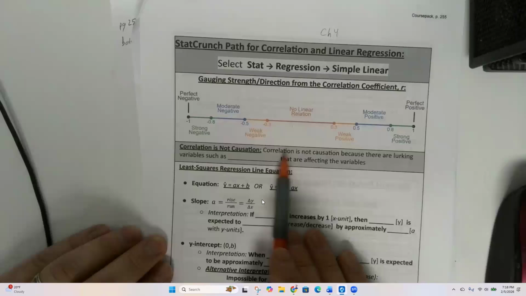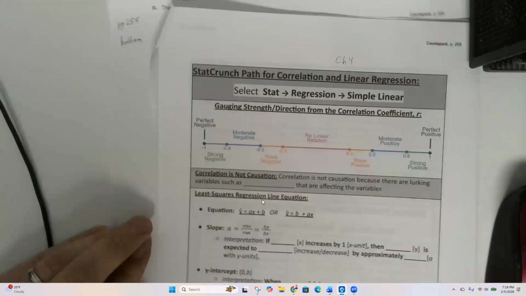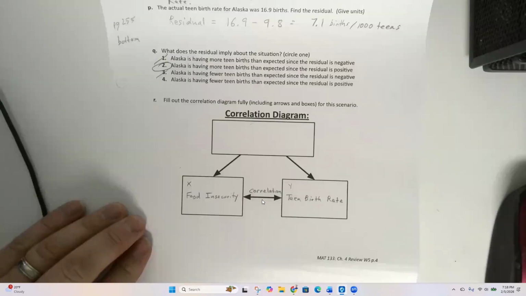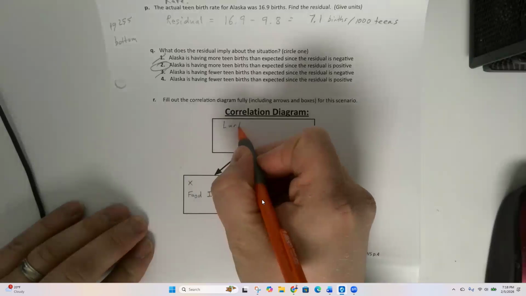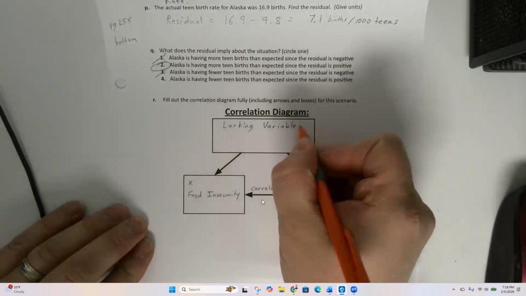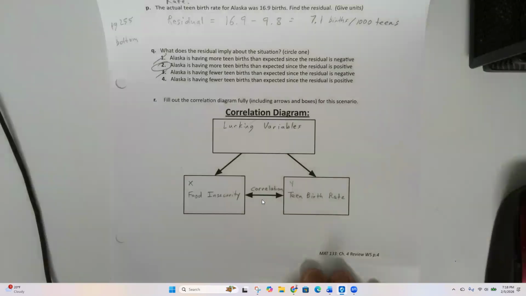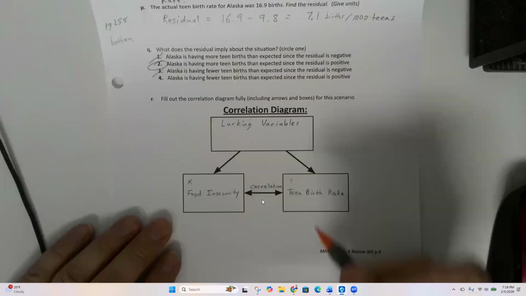Correlation is not causation because there are lurking variables. So what we're going to put up here is at least one of the lurking variables. What we're saying is that food insecurity does not drive teen birth rate.